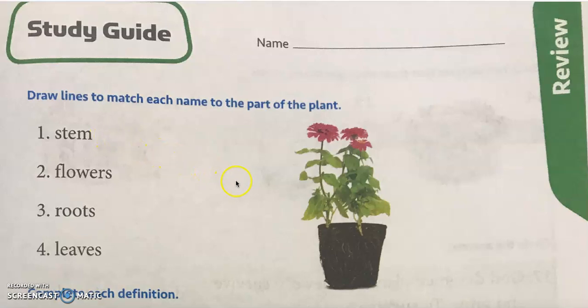Right, it's right over here, this one in the middle, stem. And flowers, they are right over here, flowers. What about root? Right, they're under the ground, right over here, root. And leaves are these green parts, leaves.